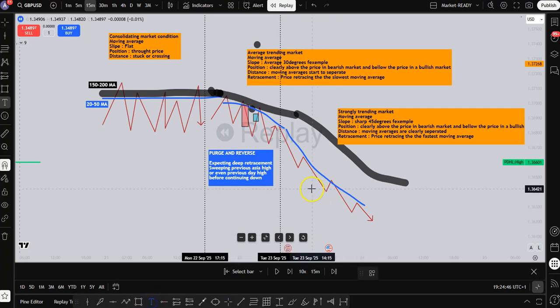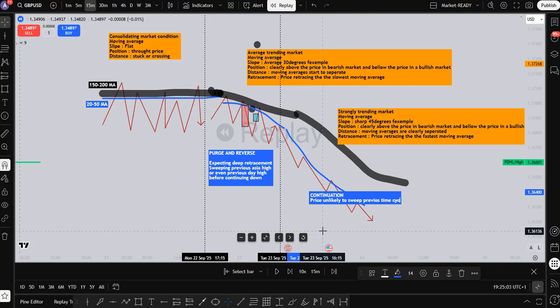Here, continuation: price is likely to sweep the previous time cycle high, not the previous day high, not even the Asian high. Enter on the previous cycle low, break and retest.